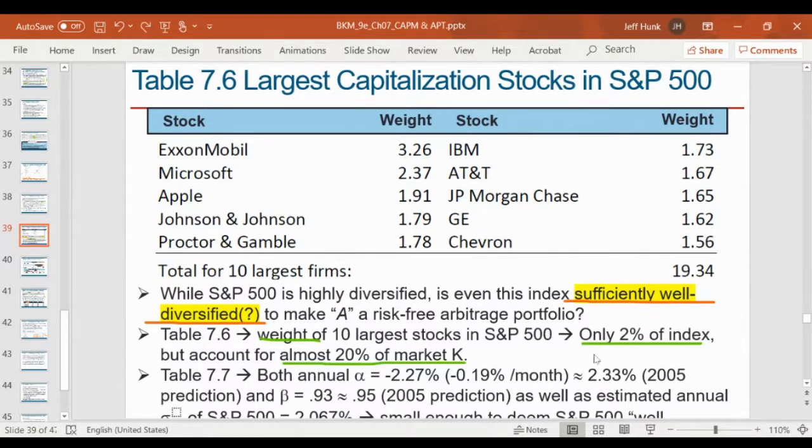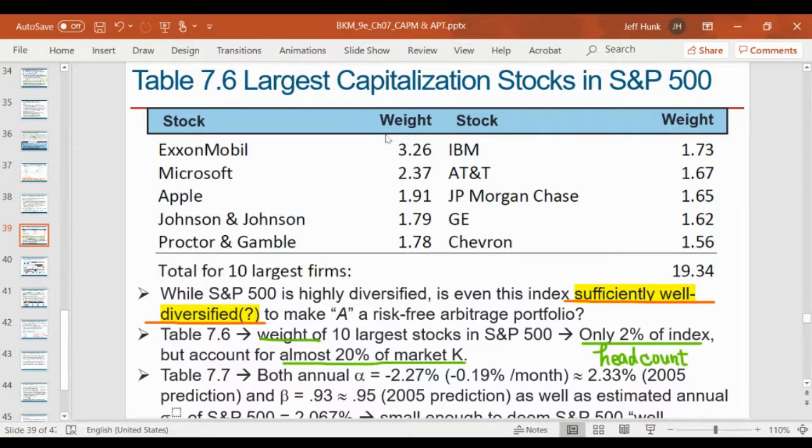In terms of number of companies. So our question is, can we really rely on it, can we really count on it to be sufficiently well diversified, right?